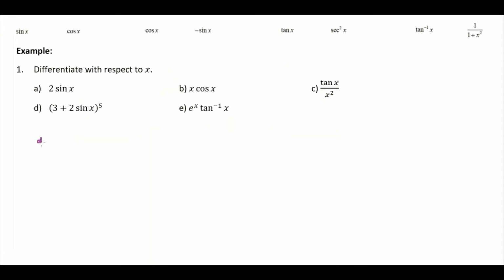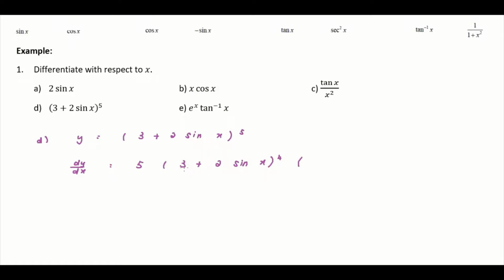Okay, so D, y equals (3 plus 2 sine x) to the power of 5. Okay, so I think this one obviously you need to do composite already. So dy/dx equals, okay, power, move it to the front, so 5, copy whatever is inside the bracket, and then power minus 1, and don't forget you need to differentiate what's inside your bracket.